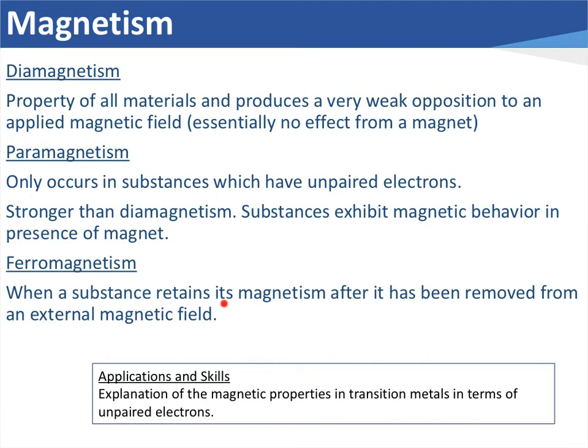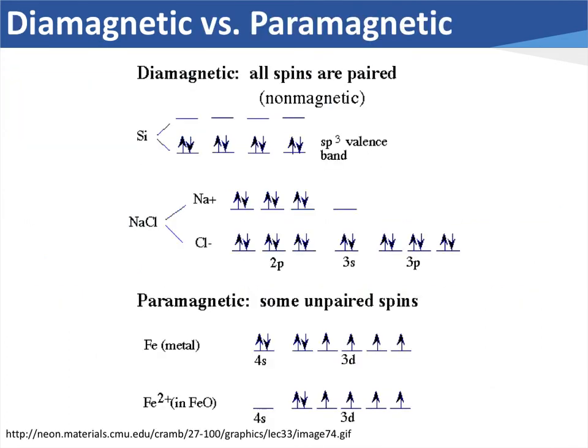Ferromagnetism is when a substance retains its magnetism after it has been removed from an external magnetic field. Ferromagnets, we're familiar with iron having ferromagnetic properties. Diamagnetic is an example like silicon. All spins are paired.